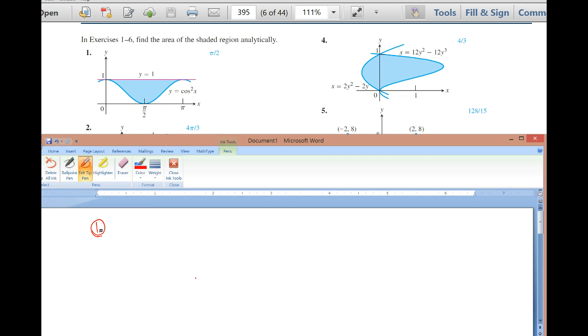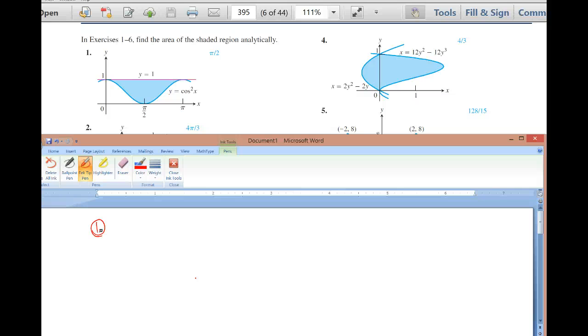Okay, so I'm looking at the problems from the book. You had 1, 3, 5, 6, 10, 15, and 17. So number 1, find the area of the shaded region analytically. We need to figure out basically 3 things.